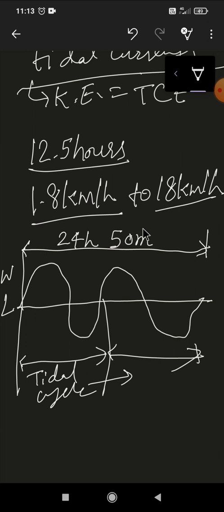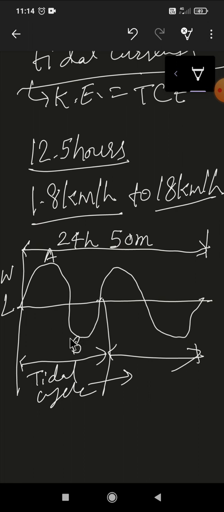In a full lunar day, we will have two complete tidal cycles. The upper point we will call A, and the lower point we will call B. The rise and fall of the water follows a sine curve, called a sinusoidal curve. Point A indicates high tide, and point B indicates low tide.